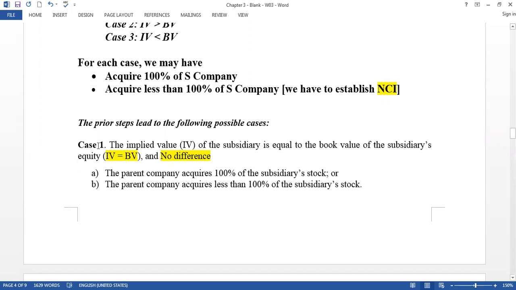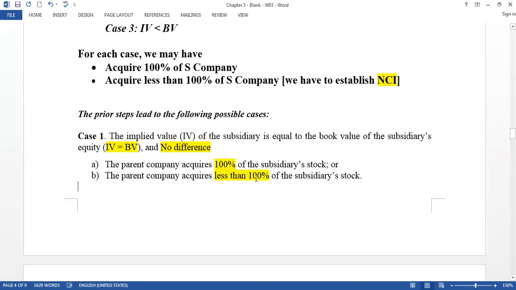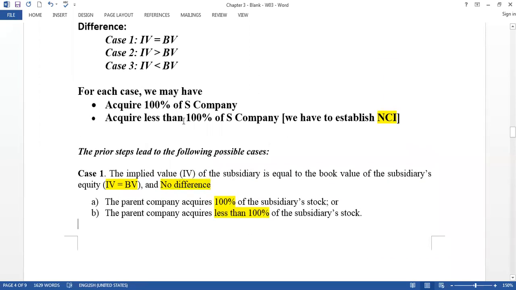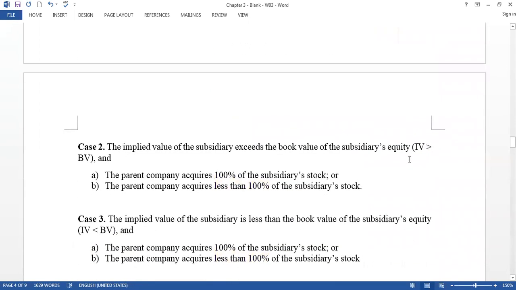So according to case one, implied value and book value are similar, there is no difference, but we may have two alternative options. We may acquire 100% or we may acquire less than 100%. This is similar for every case. Look at case 2.